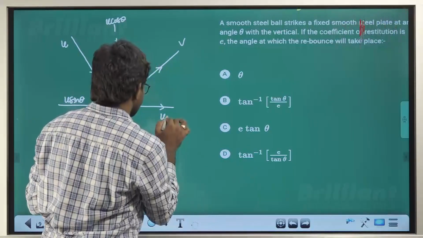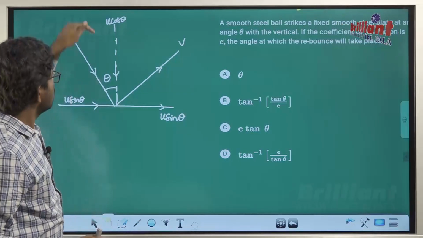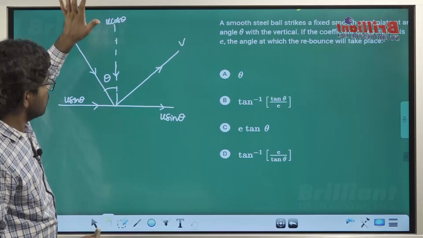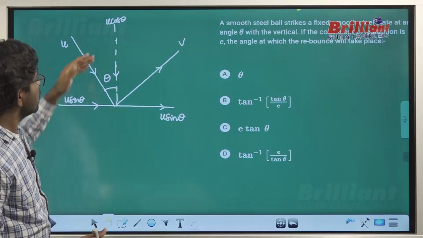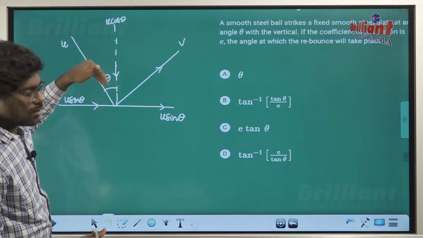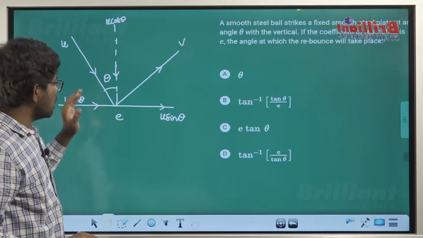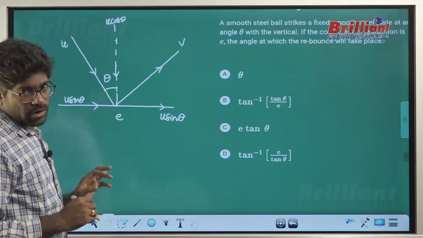Another thing, the vertical component is u cos theta, right? If it is u cos theta, and if the coefficient of restitution is E, then it will rebound with E u cos theta. Everybody knows this point, I think, right?